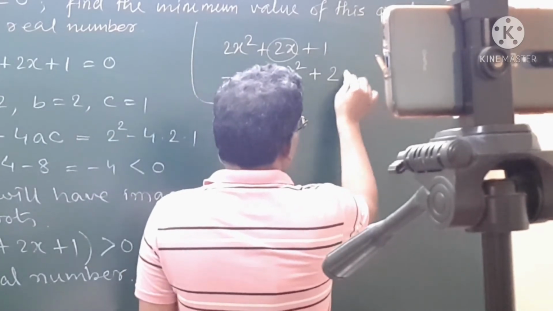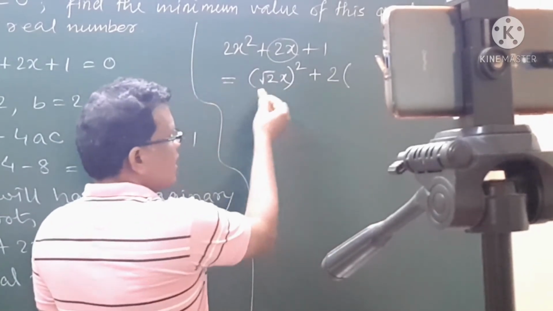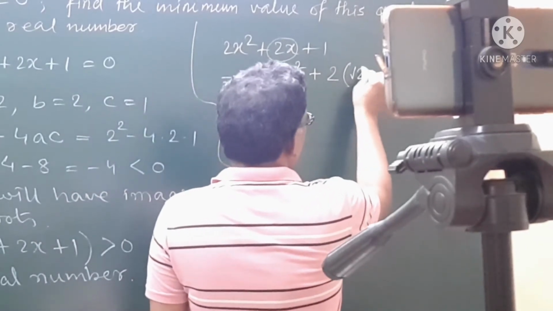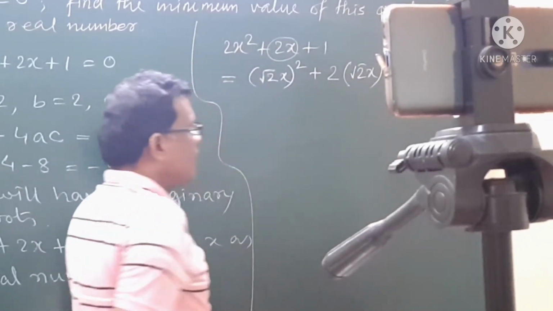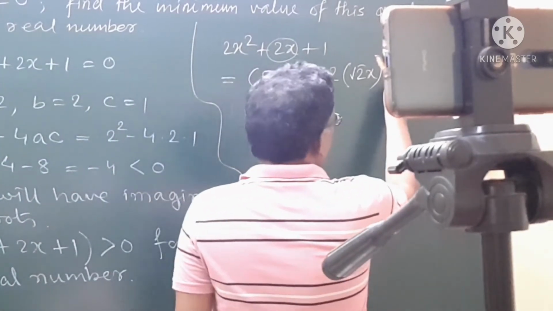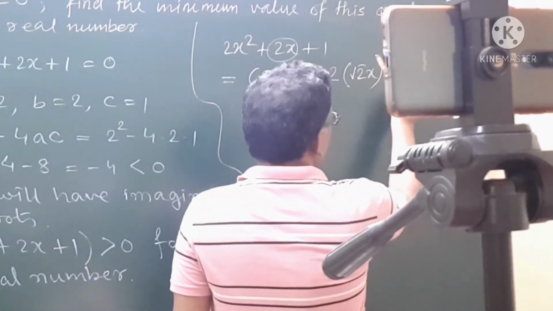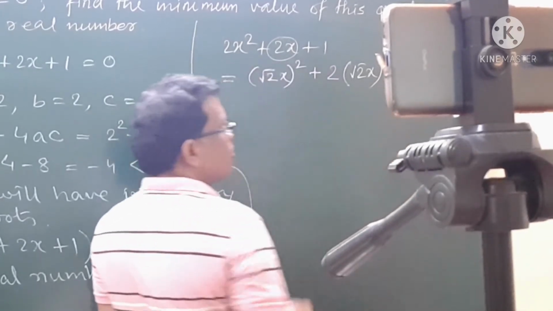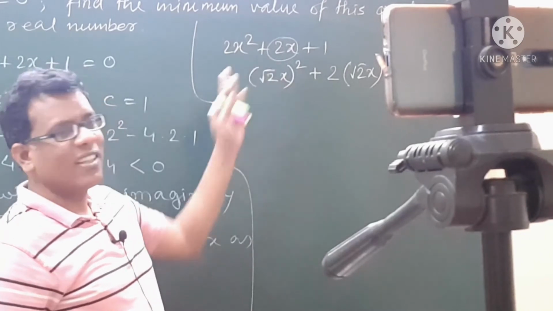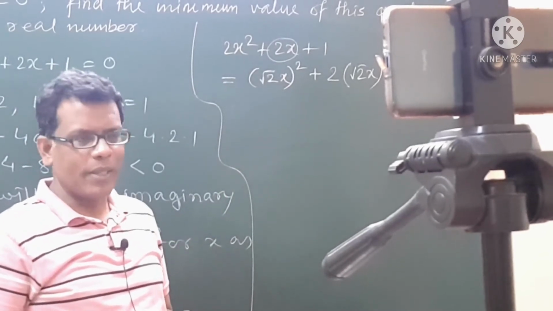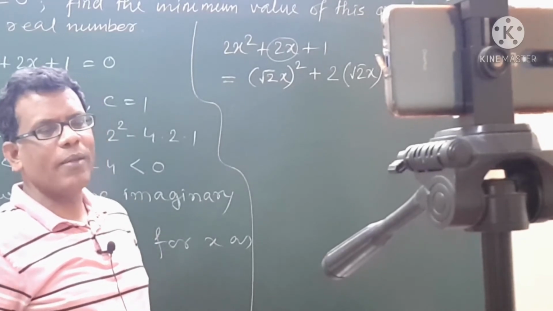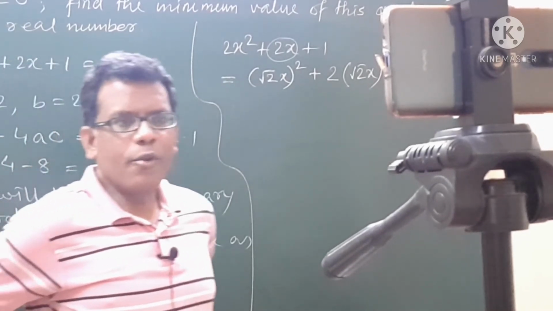So this will be 2 into a, and for us a is now root 2x, right? So a will be root 2x. The ultimate value of the middle term needs to be 2x, so that's why b must be taken as 1 by root 2, such that this root 2 gets cancelled out and the middle term of this quadratic form remains 2x, right? Are you getting me? Are you all getting this one?